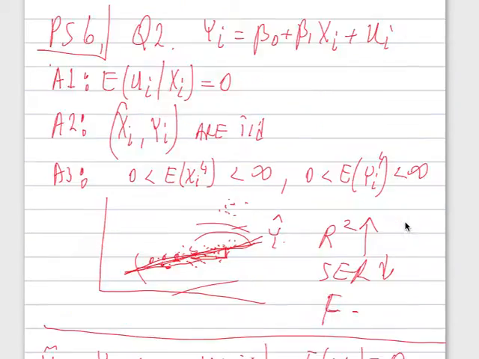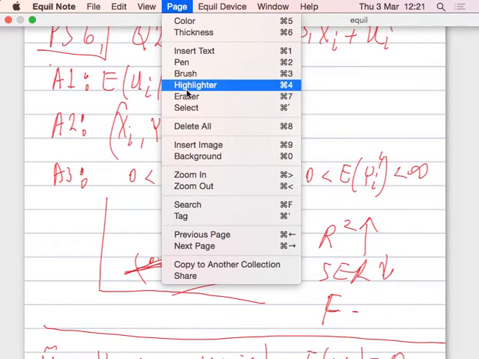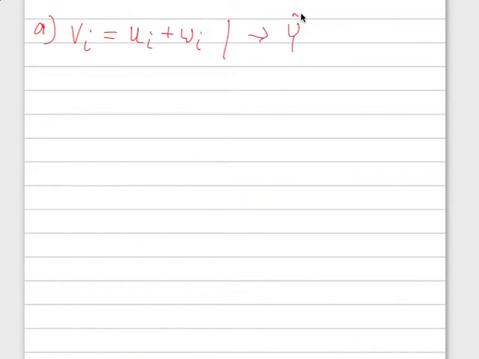Now I need space, so I'll start new. Show that the composite error is this in this model. What we know is that the mismeasured variable is evolving according to this formula.